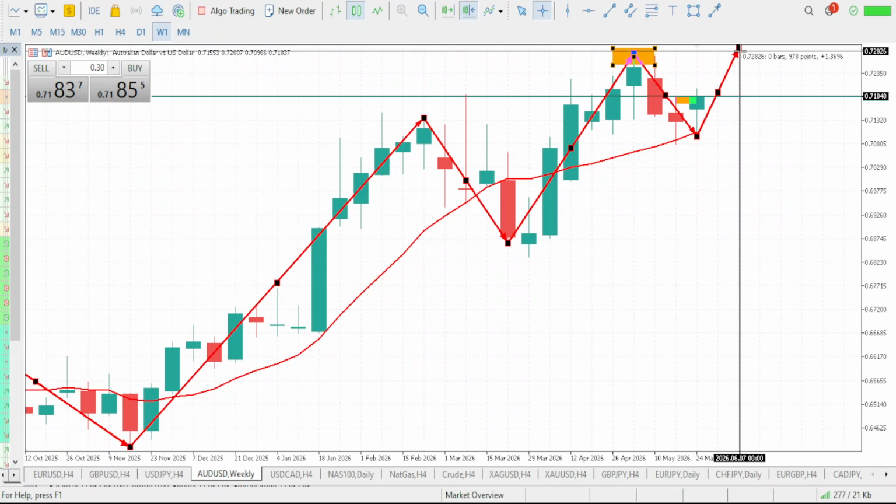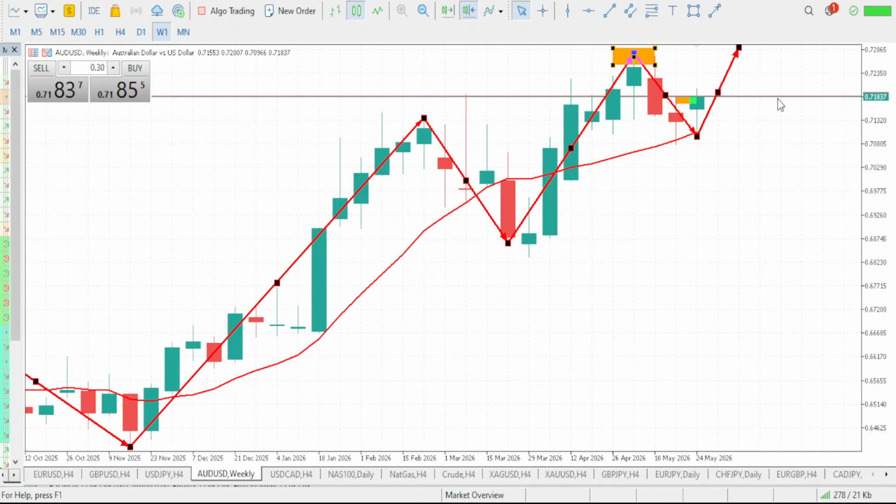For the market to push up to come here to give us an equal high, that will be about 100 pips. So basically, you should be targeting 150 pips for the week on your AUD US dollar. So our bias for the week on AUD US dollar is to the upside. We should be anticipating a bullish move on our AUDUSD.